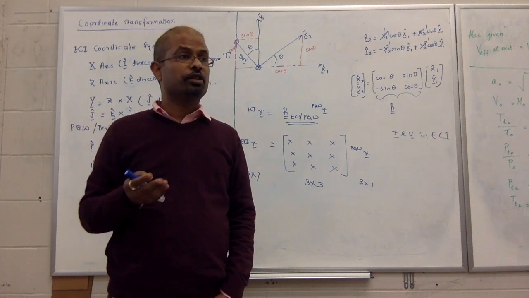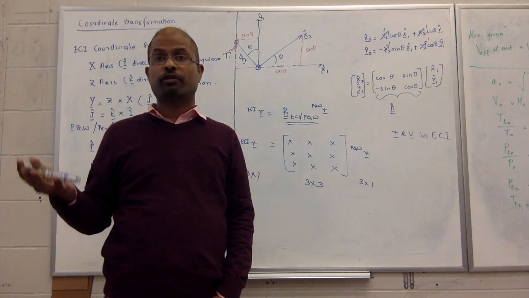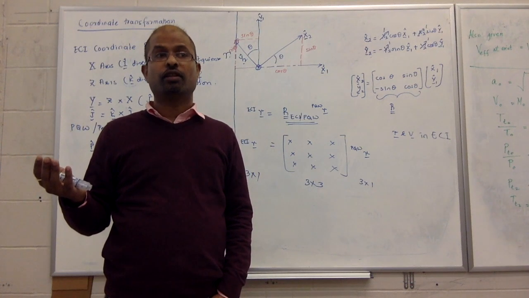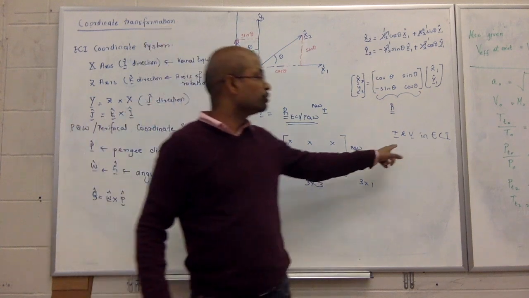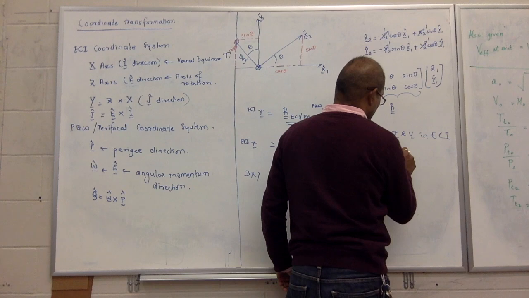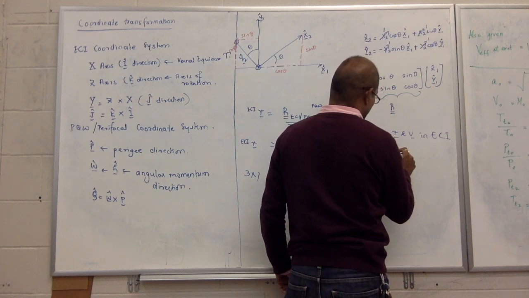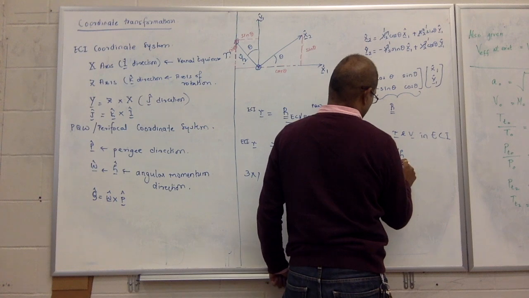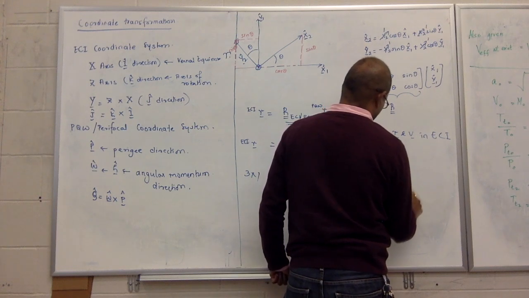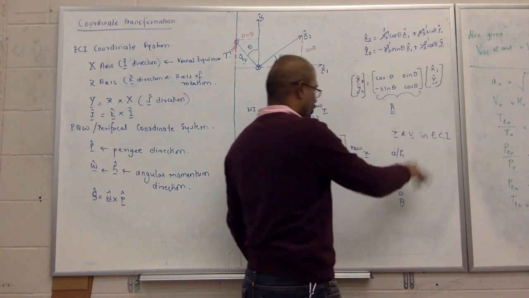What are the orbital elements? Given a figure, can you identify the orbital elements? And given these two, can you find them? What did we do? The size, the shape. We did this, right?